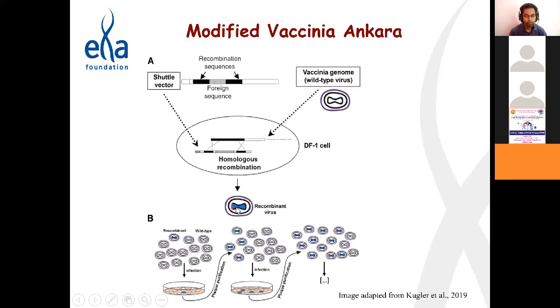This virus, shown here in blue, comes along with the wild type virus. So slowly, 2-3 multiple times, this plaque purification needs to be done to get the vector which only contains the recombinant foreign gene.